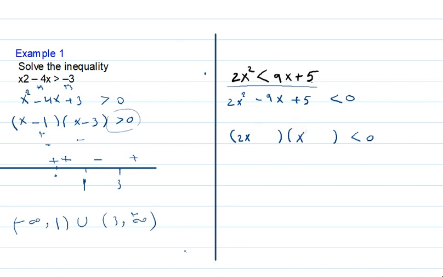And I need two terms that when multiplied together give us plus 5 and when added give minus 9.